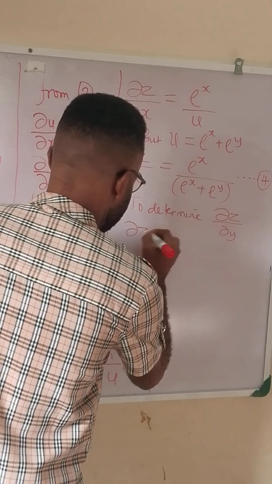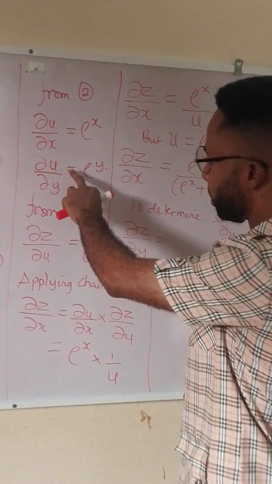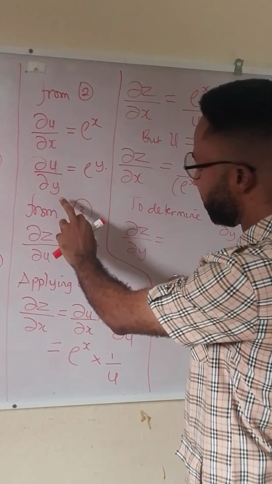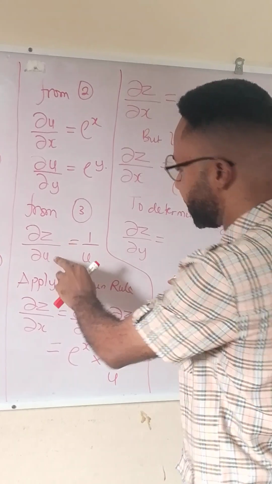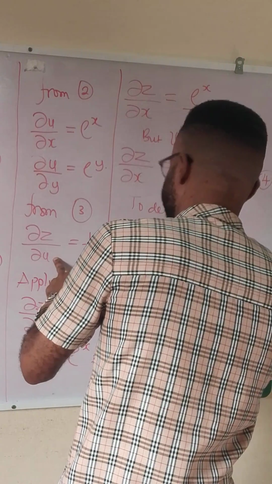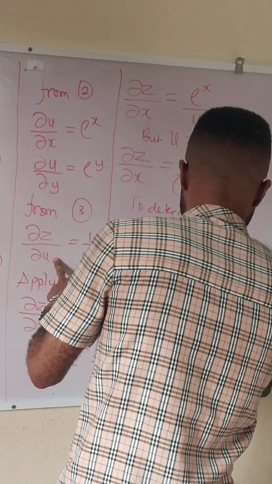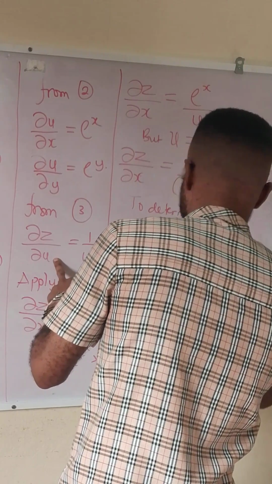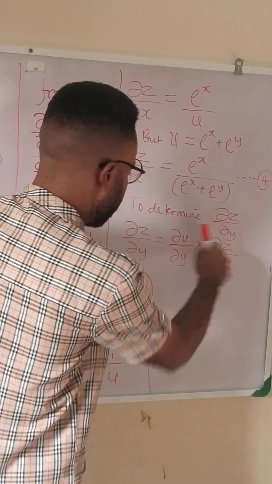So we are going to consider the partial derivative of u with respect to y multiplied by the partial derivative of z with respect to u. Like I said, if you cancel out this, you're still going to have this.